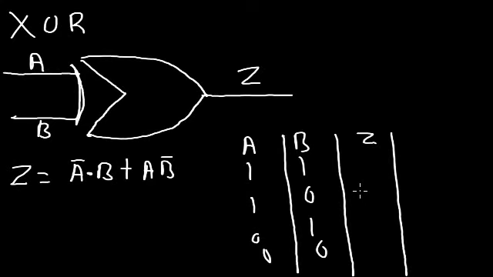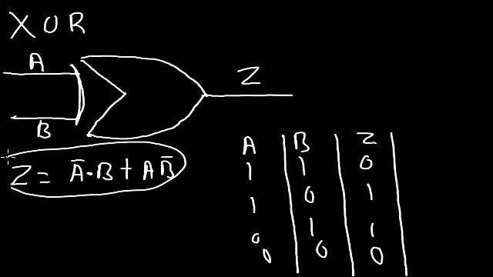According to the exclusive OR gate, it produces a true output when either of the inputs is true or false; they must not be the same value. Otherwise, it's going to produce a false output. So this and this are going to be true, while this and this are going to be false. That's just the basic idea behind it. You can always use the function to confirm that. I won't do that for this video, however, you should be able to do that.